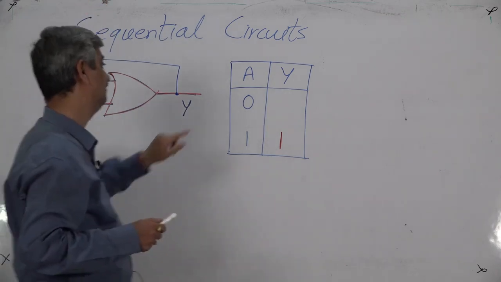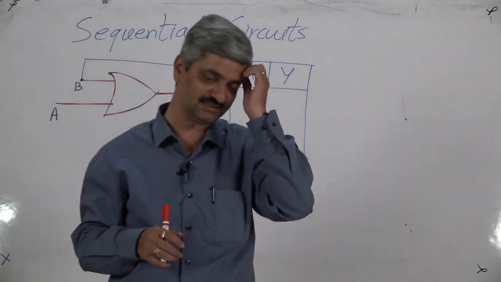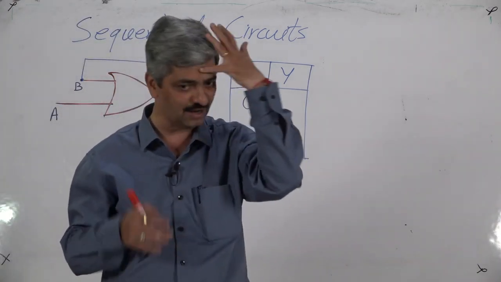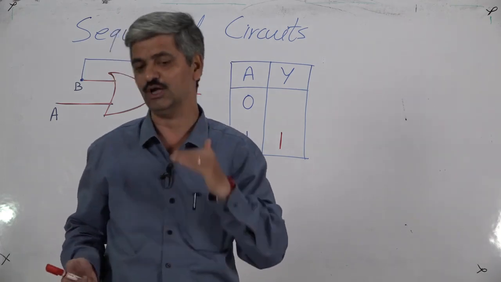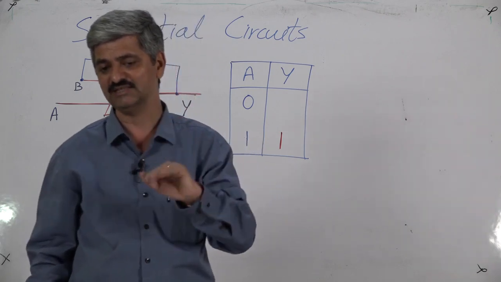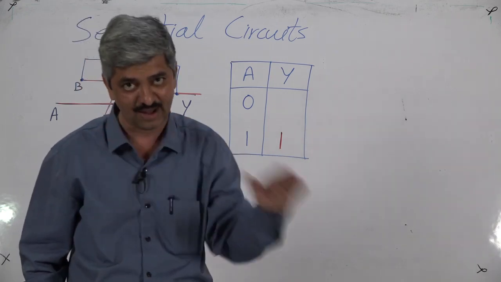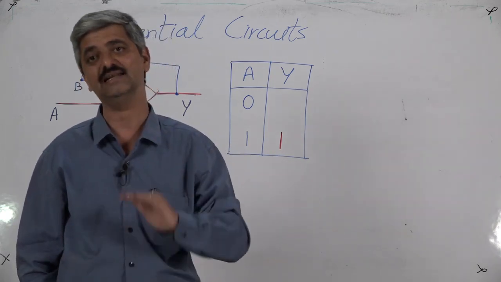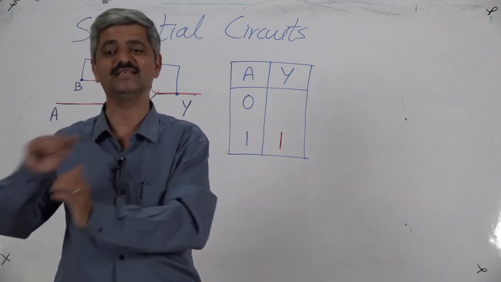But now, when A is equal to 0, what will happen? 0 is not a deterministic state, which means if one input is 0, the output depends on the other input. So, for an OR gate, the level 1 is deterministic. It ignores the other input and gives output as 1. And 0 is what we can call an excluding state.